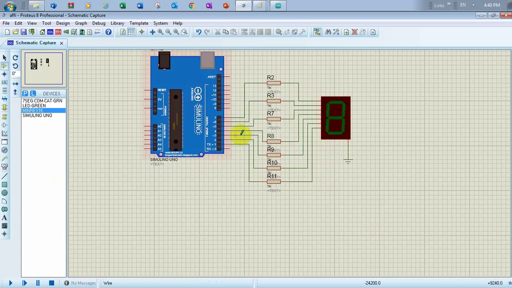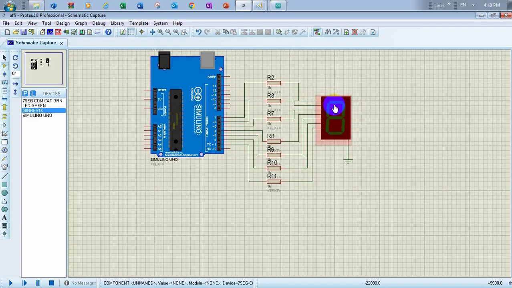We are going to write this program so each segment lights up or turns off.